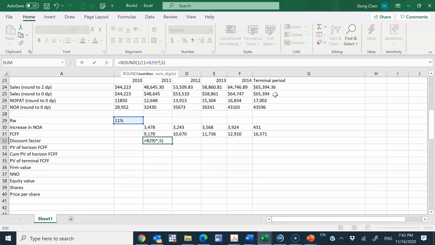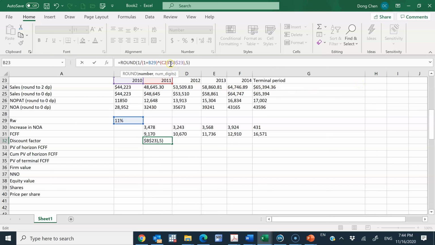But once I change this to be raised to the power of the year number minus the current year number, the reason I want to do that is because later on I want to drag the cell to the other years in order to automatically populate the cells. But I do want to fix the current year.